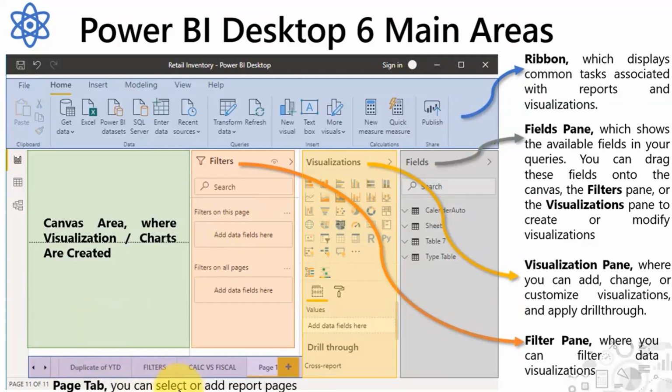Now this has been moved to the header level here. Let me open Power BI Desktop and I will show you. How many of you are able to see this visualization tab on the right-hand side? Can someone please help me?